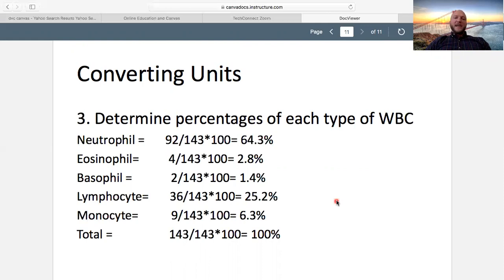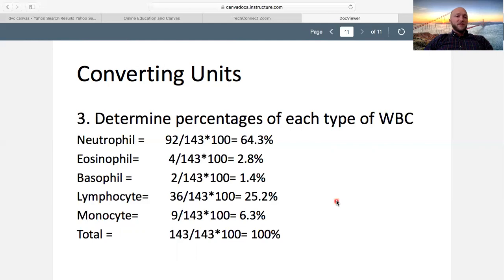This question is asking you to find the percentage that each type of white blood cell is of the whole. This is actually done every single day really commonly in normal blood analysis in labs. This is applicable to the real world. And we're going to get into exactly what it all means when these ratios change when we talk about white blood cells.